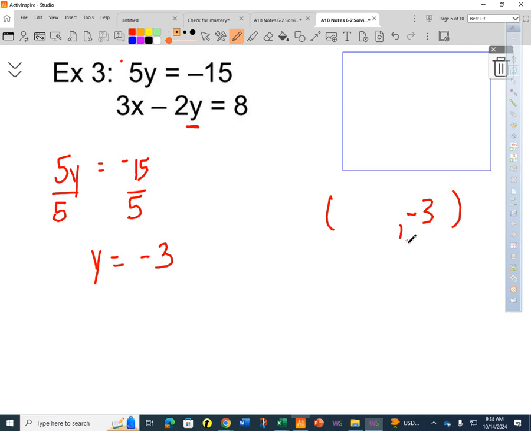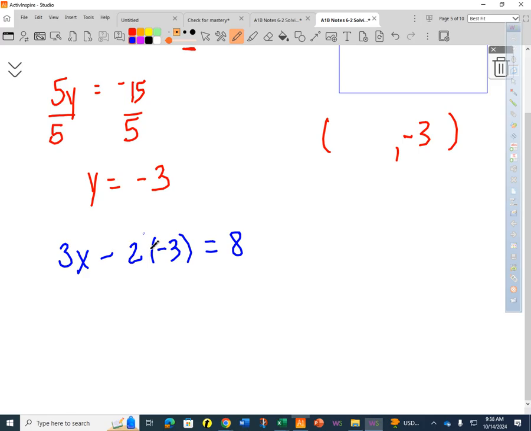So now I'm going to substitute that negative 3 into the second equation. So 3x minus 2 times y, but now I know y is negative 3, equals 8. And then we're going to solve that equation. First thing we're going to do is simplify here.